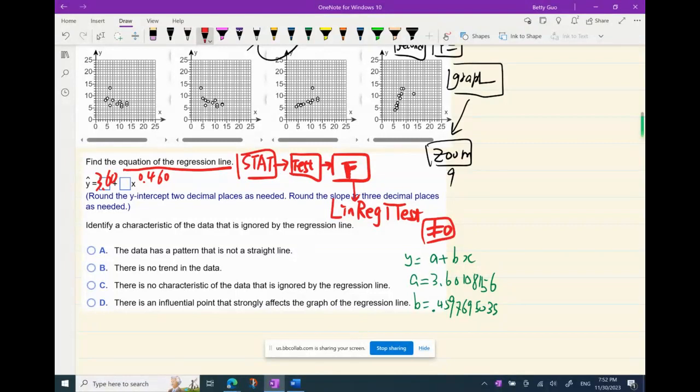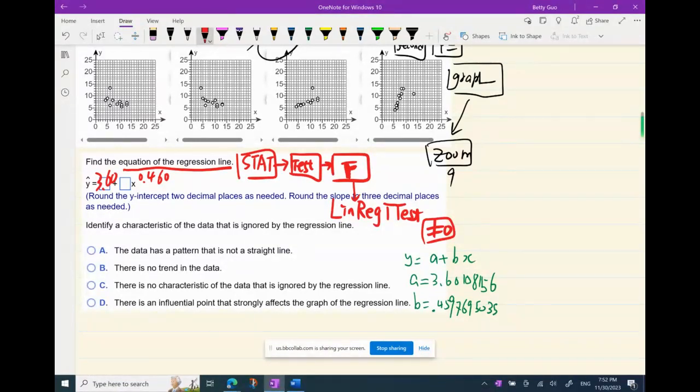3.6 plus 0.46x. Okay, and then let's try. Oh yeah, I got it.